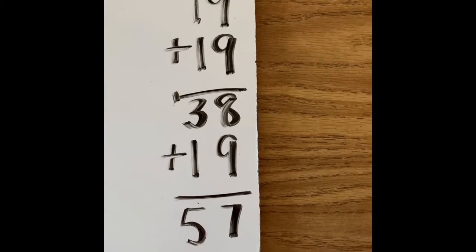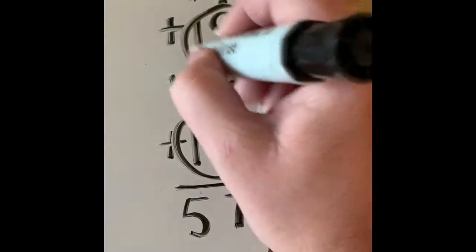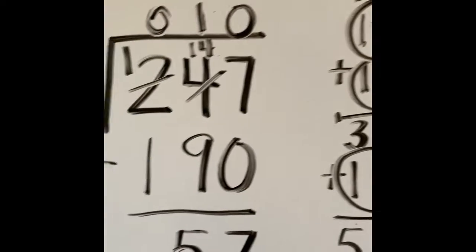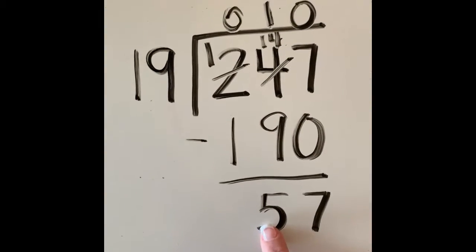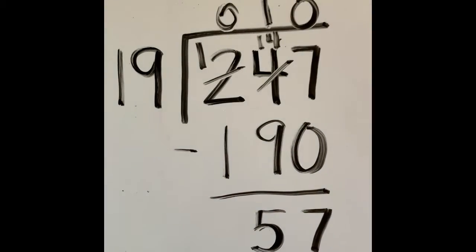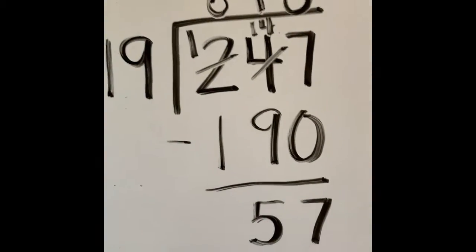Now they need to count the number of 19s that they have. 1, 2, 3. This now lets them know that 19 goes into 57 3 times. This should be placed in the ones position.